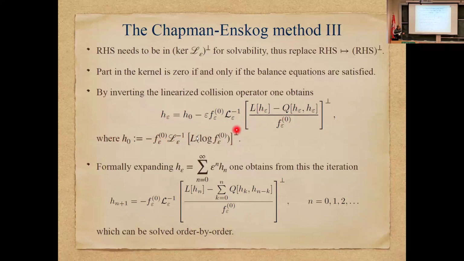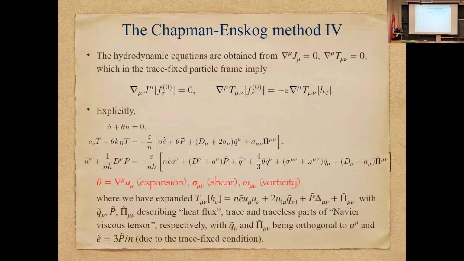And then this you can try formally to solve through an expansion order by order in epsilon. And in principle, this could be solved order by order, at least formally. Okay, so that's the Chapman-Enskog method.